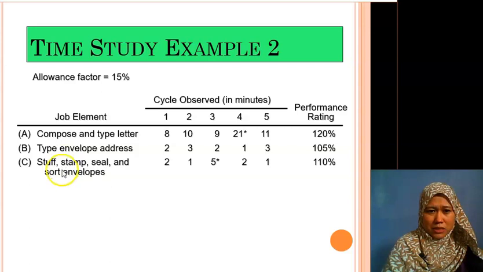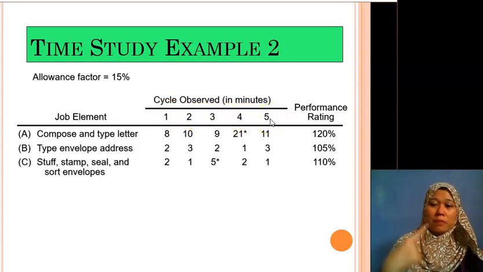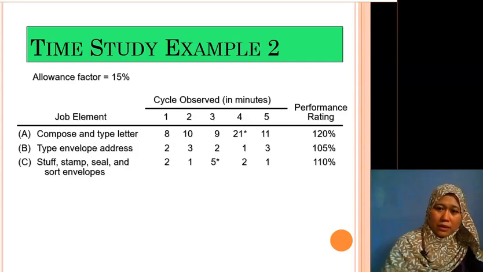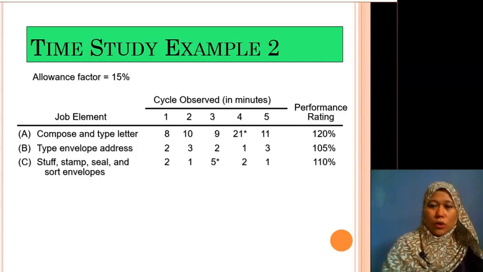I think the process is about putting a letter inside the envelope and getting it ready for the post office. So this person took 5 complete cycles of the process, and then another set of cycles until complete.